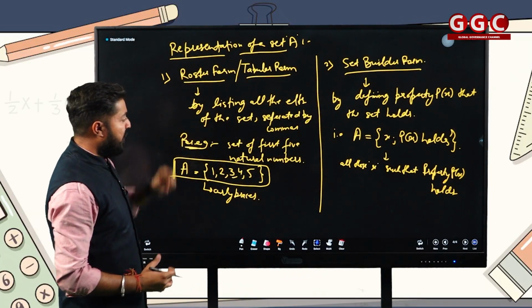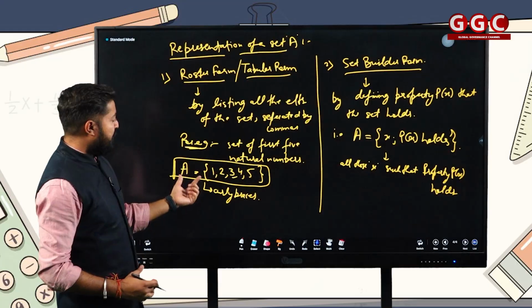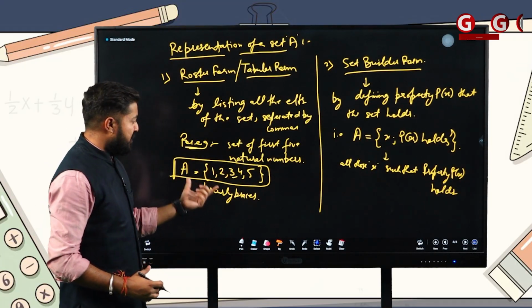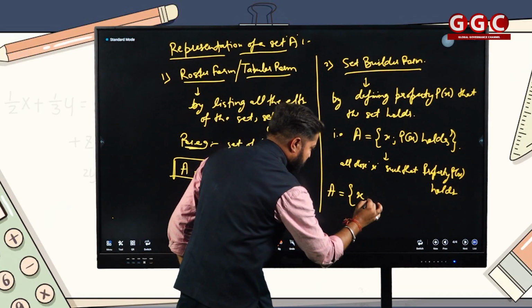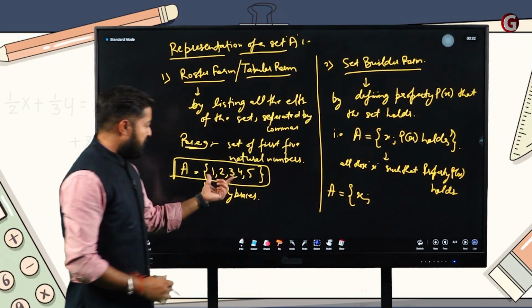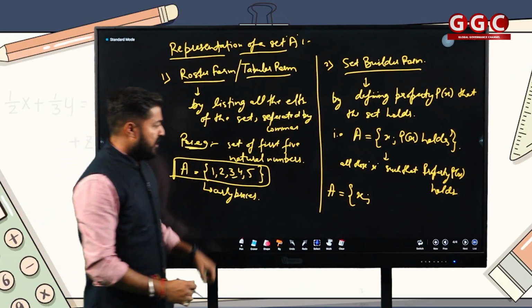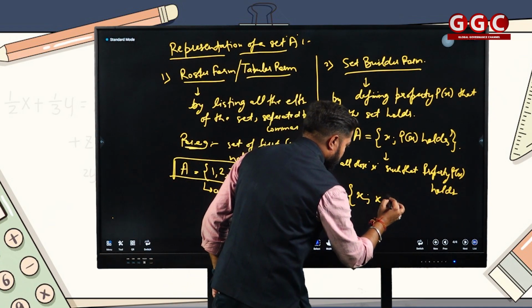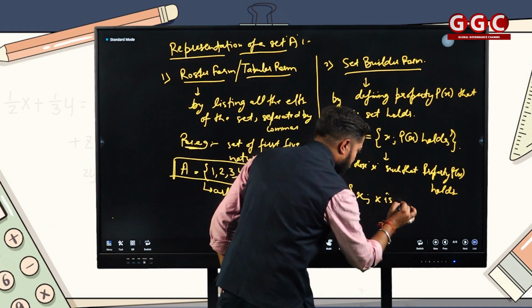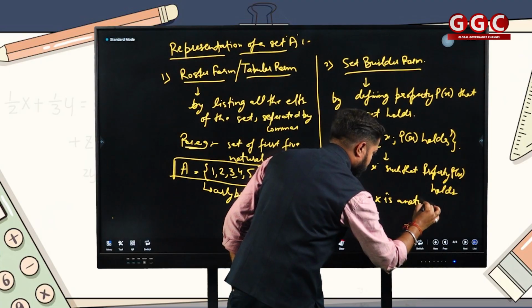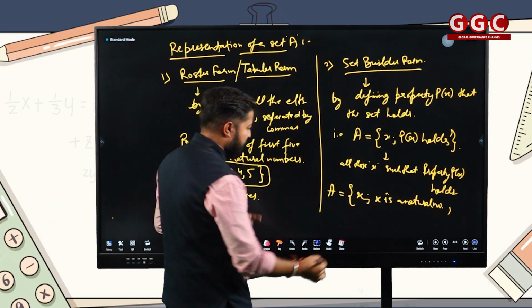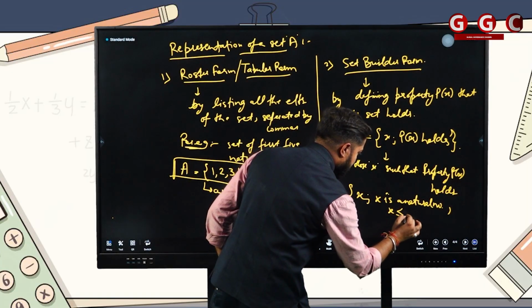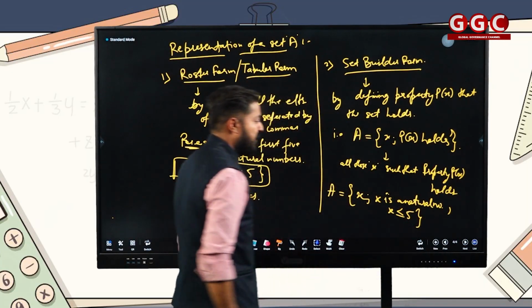Suppose we take this example. Here we are taking the first 5 natural numbers. That means we can write it as A is equal to {x such that x is a natural number, comma, and x is less than or equal to 5}.